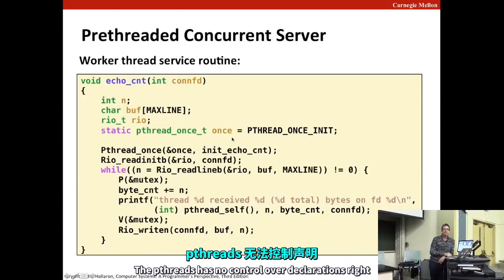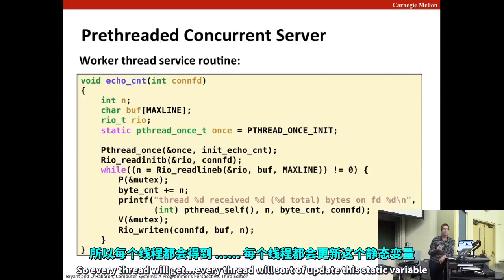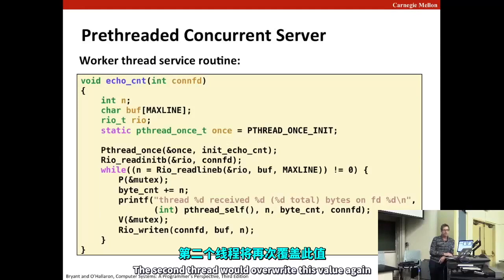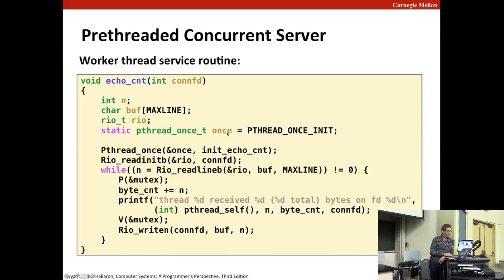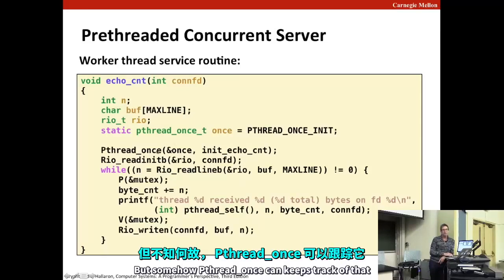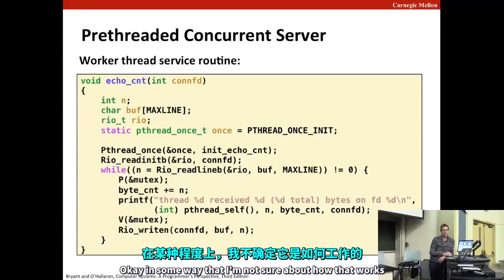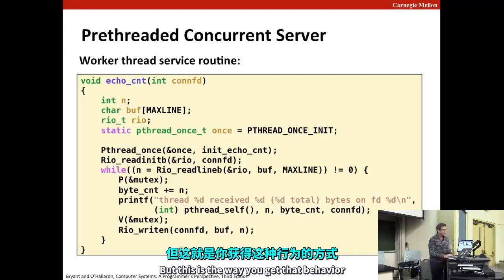So pthreads has no control over declarations. Every thread will update this static variable. And you're right, the second thread would overwrite this value again. But somehow pthread once keeps track of that, in some way that I'm not sure about. But this is the way you get that behavior.